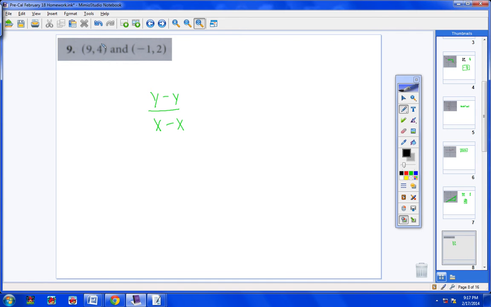If you put this y value in first, then for your first x, you've got to put this value. If you choose for your first y value to put this y value, then for your first x value, you must put this x value, okay? So it really doesn't matter. It's up to you. I just usually go in order. So here's my x and y. Here's my x and y.